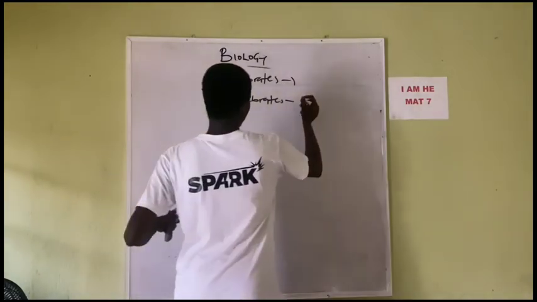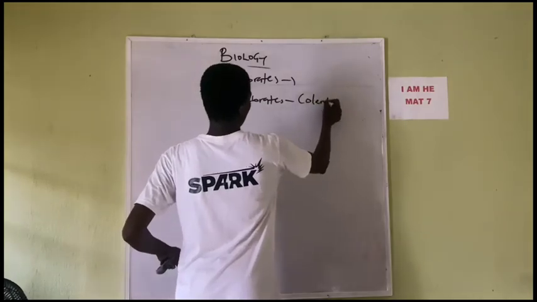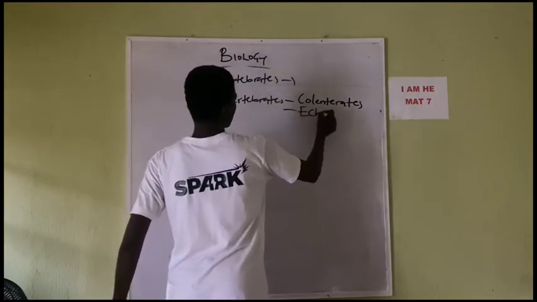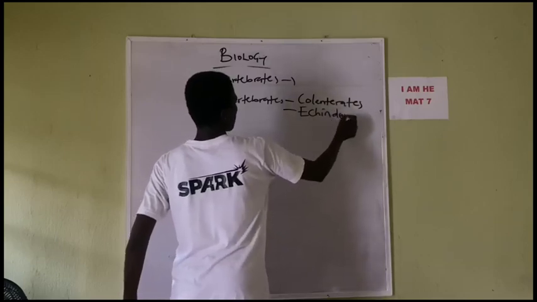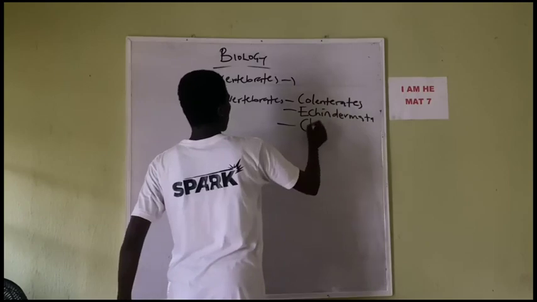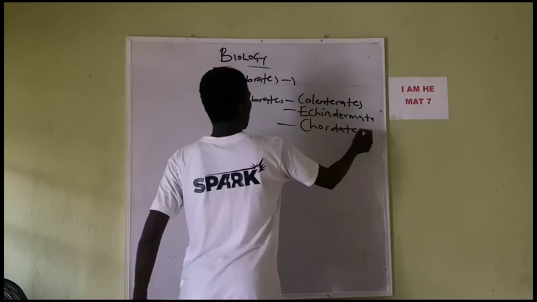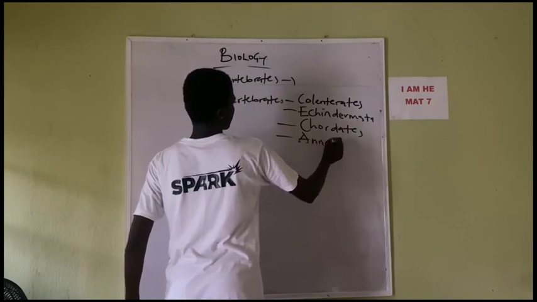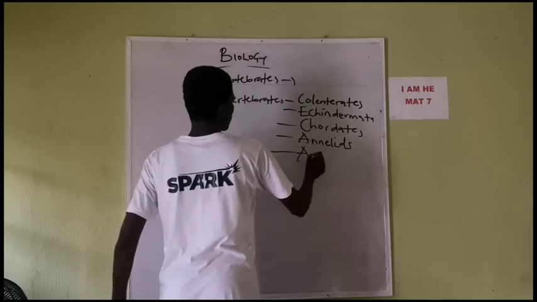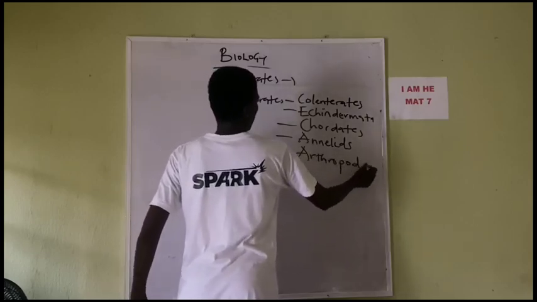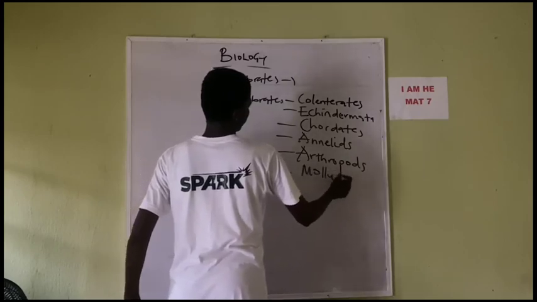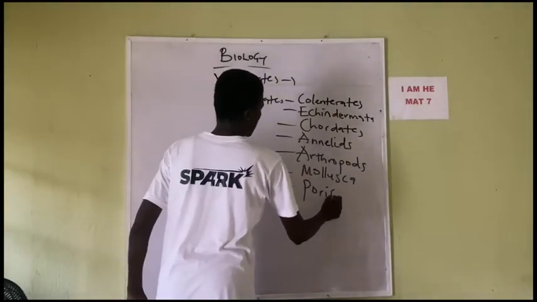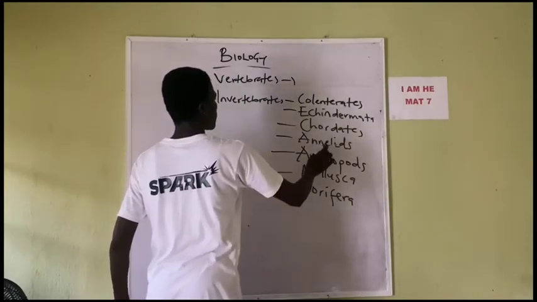Of those, we have the coelenterates, the echinoderms, the chordates, the annelids, the arthropods, the mollusca, and the porifera. 1, 2, 3, 4, 5, 6, 7.